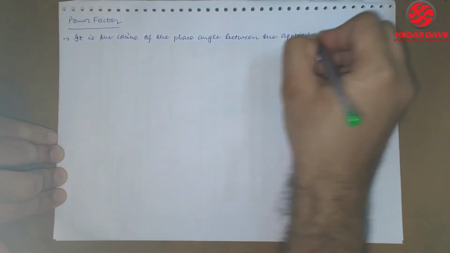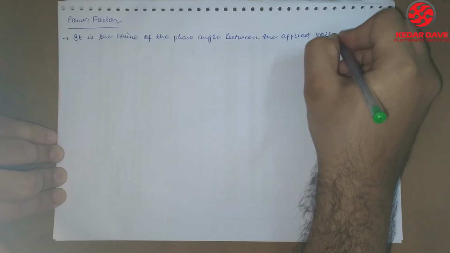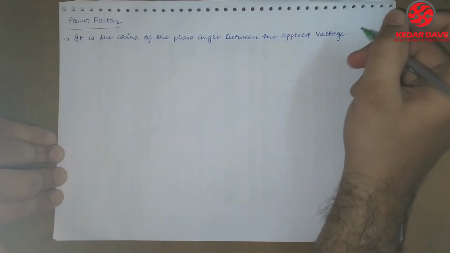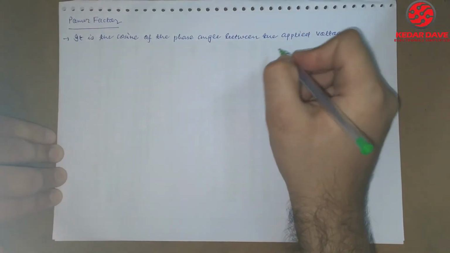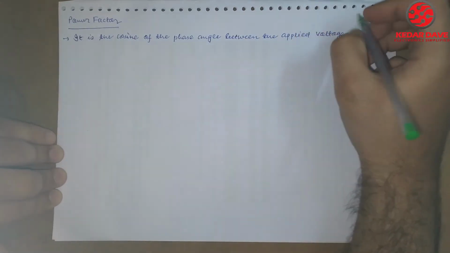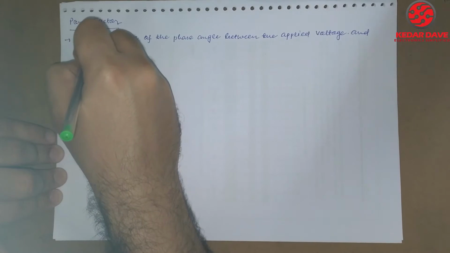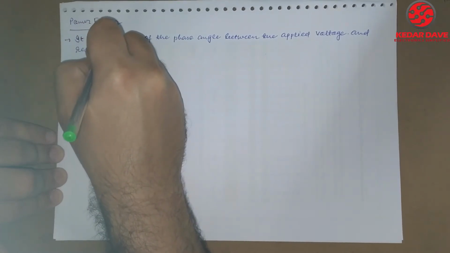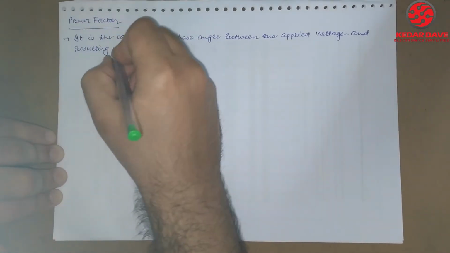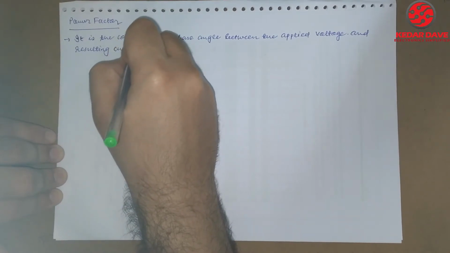Okay, ये जो है वो मेरा, that is my cosine of the phase angle between the applied voltage and resulting current. ओके, तो ये एक पहली सी जो बेसिक डेफिनेशन है वो होगी.